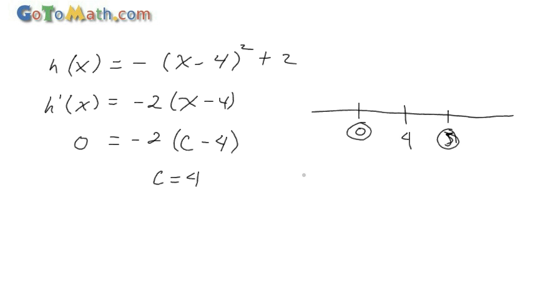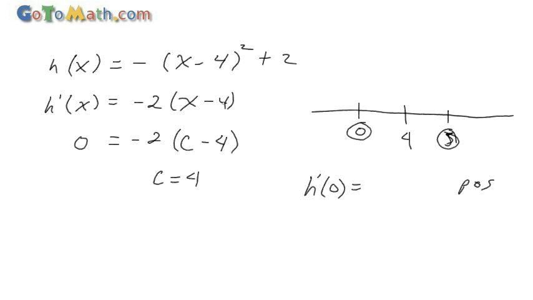Okay, so now the next thing we want to do is go ahead and plug our test points in and find if this is a negative or a positive number that we get out. So we plug 0 in, we're going to have a negative times a negative, and so that's going to end up being a positive number. Actually, I guess I could put 0 in.